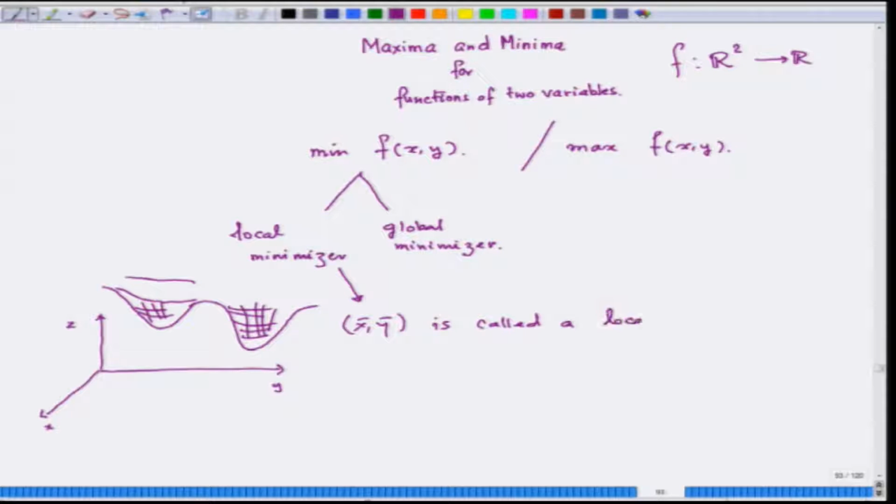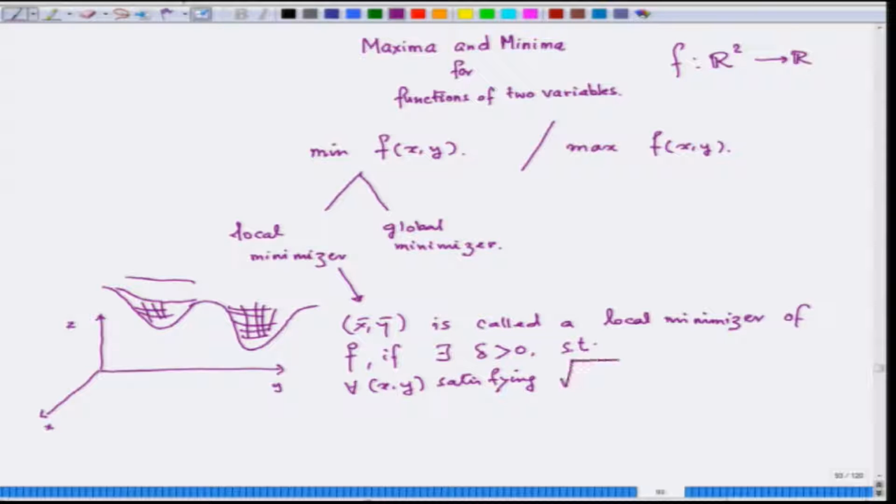It is called a local minimizer of f if there exists a delta greater than 0 such that for all xy satisfying x minus x bar whole square plus y minus y bar whole square, the distance between xy and x bar y bar, less than delta, we have f of xy is greater than or equal to f of x bar y bar.